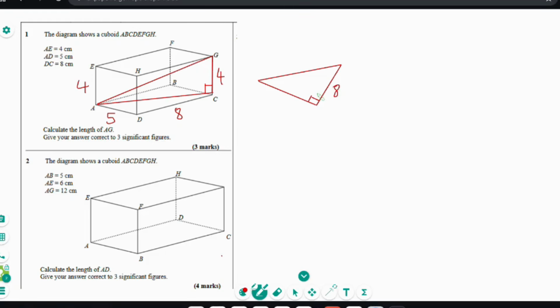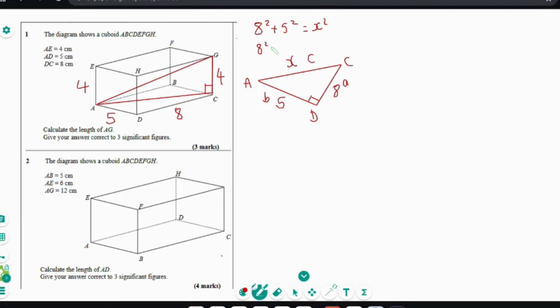8, 5, and X. So it's Pythagoras, missing length. Hypotenuse is X, so that's C. A and B don't matter. A squared plus B squared equals C squared. Well, technically A is 8, I guess. 8 squared plus 5 squared is equal to X squared.